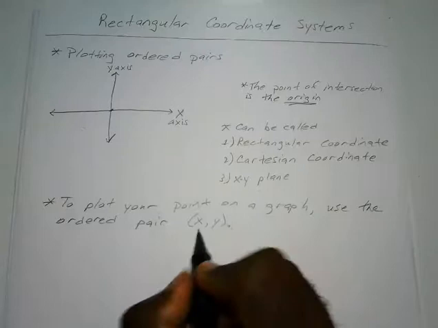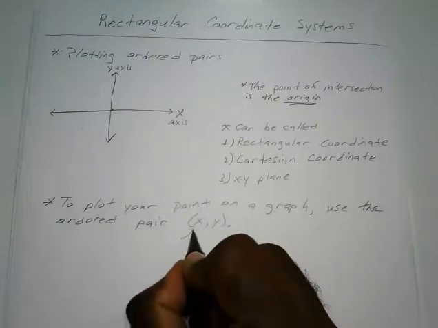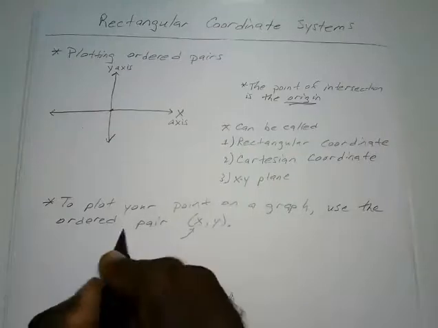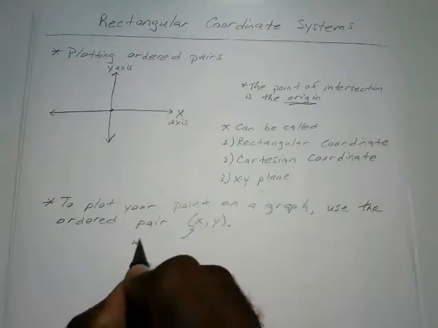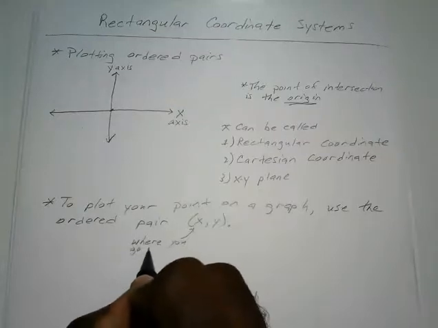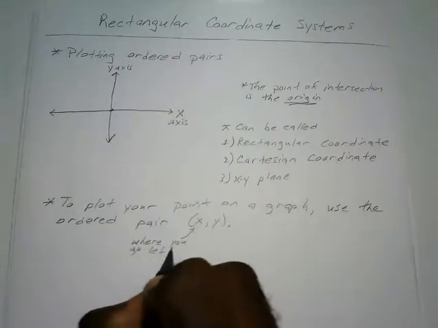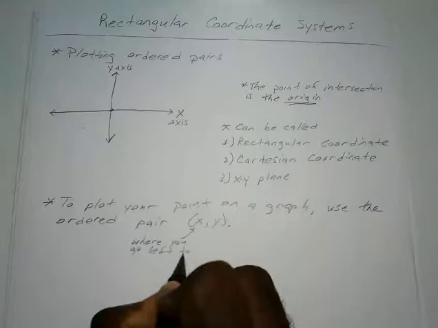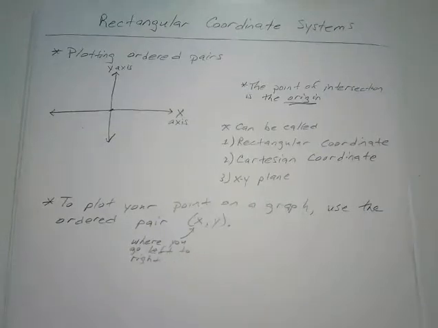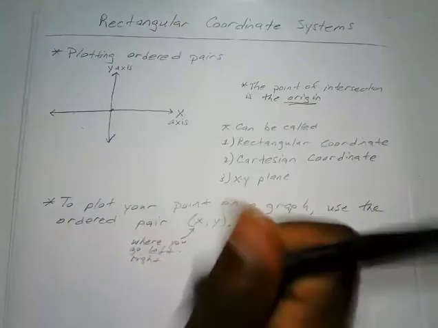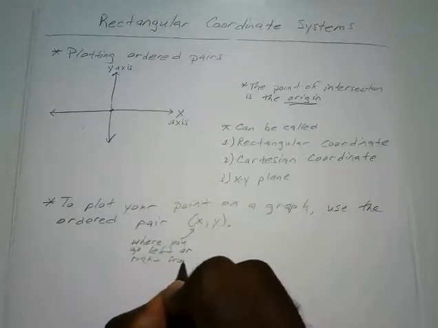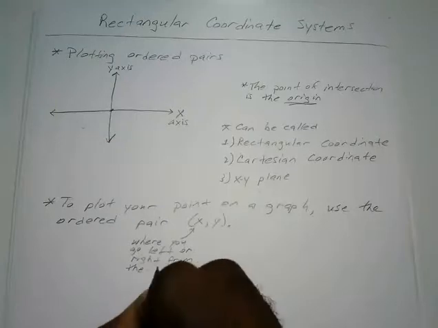All right, so the x term or element is where you go left or right from the origin.